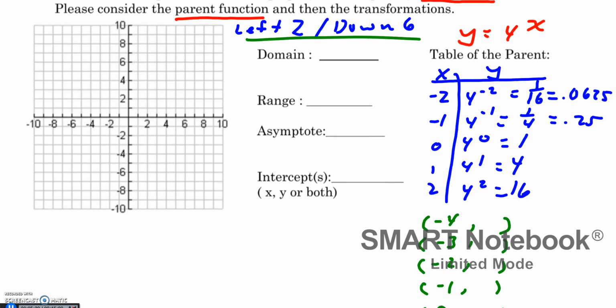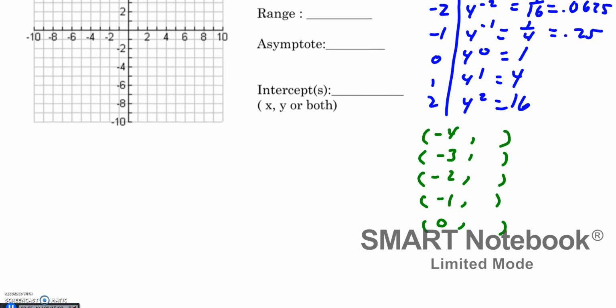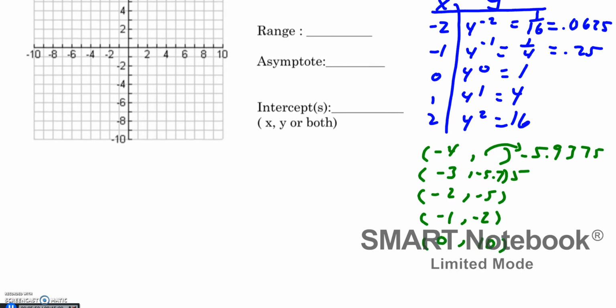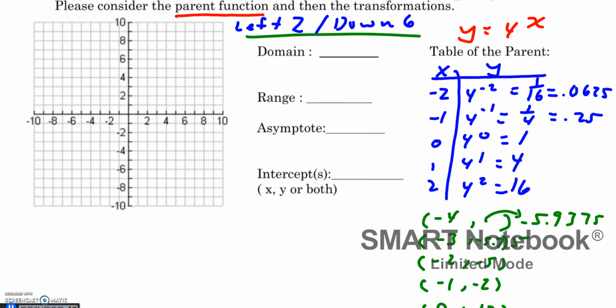My transformation for down 6, when we start at the bottom, down 6 would be -5.9375, -5.75, -5, -2, and 10. So if I graphed all those new green points, my graph would look like this.